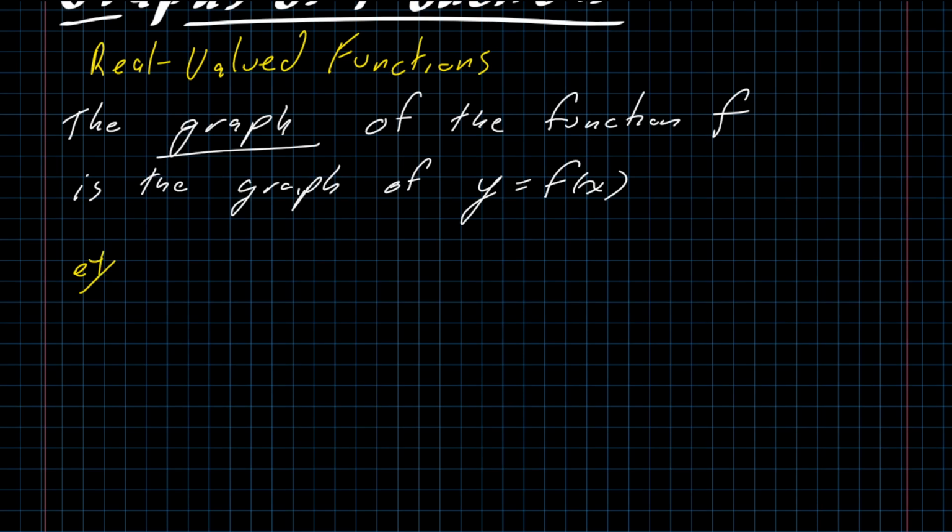So for example, if we are looking at f of x equals 2x squared plus 3x minus 5, then if we want to graph this function, then we want to graph y equals 2x squared plus 3x minus 5. This particular function is defined algebraically. It is what we call a continuous function.